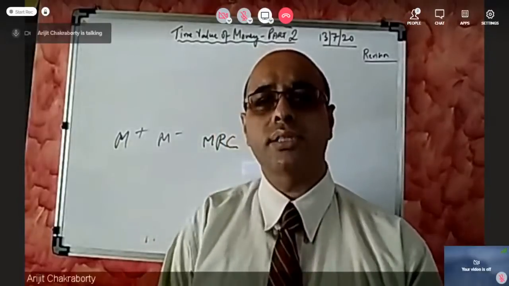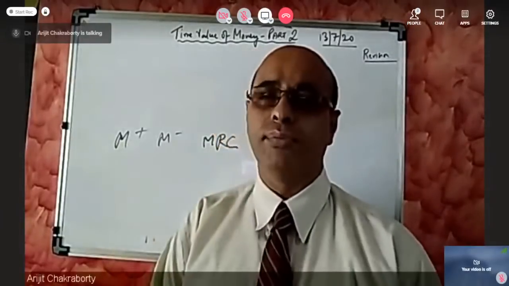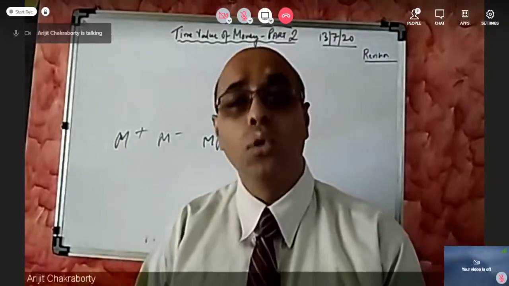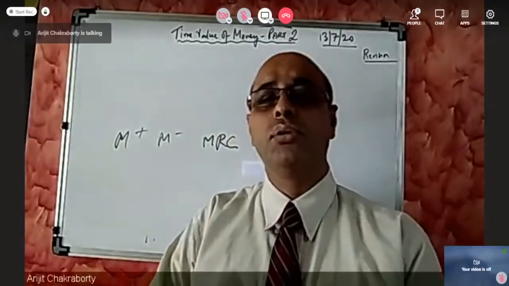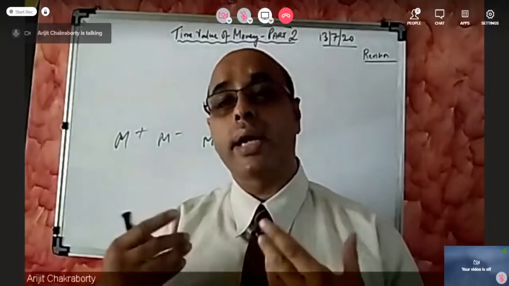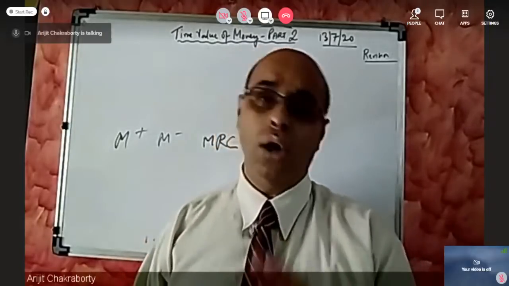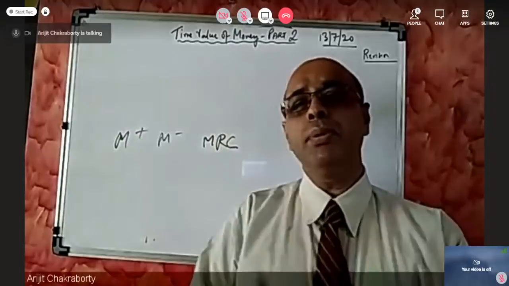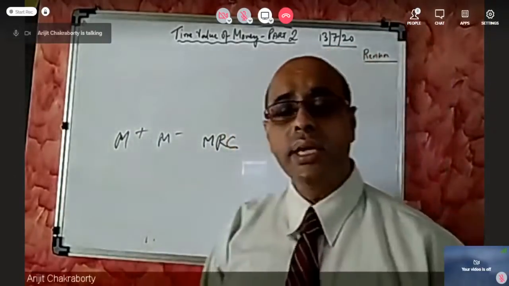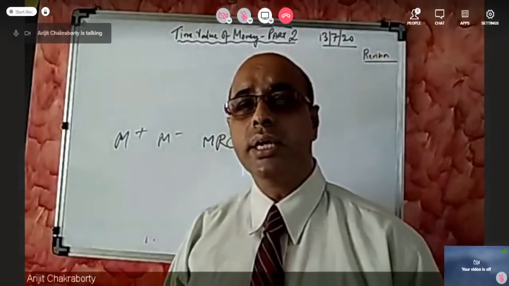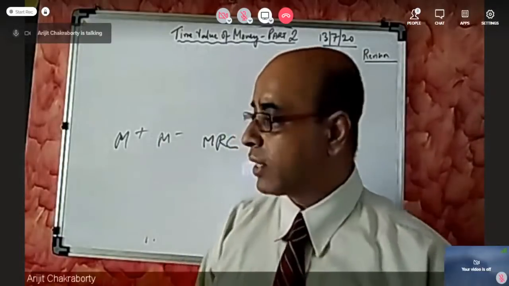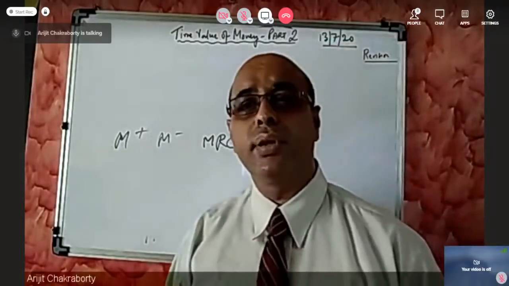If you are asked to find the inverse of a matrix, you need to find the determinant, identify the cofactors, from the cofactors go to the adjoint, and thereafter from the adjoint you can arrive at the value of the inverse of a matrix. So it involves a series of operations. But if you use the M plus, M minus and MRC buttons judiciously and intelligently, then to a large extent your efforts can be minimized.